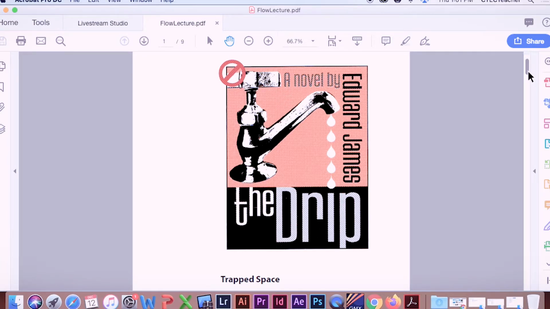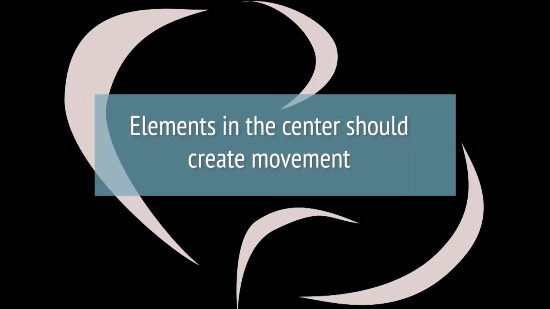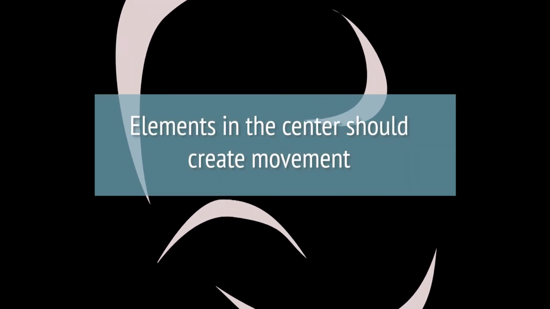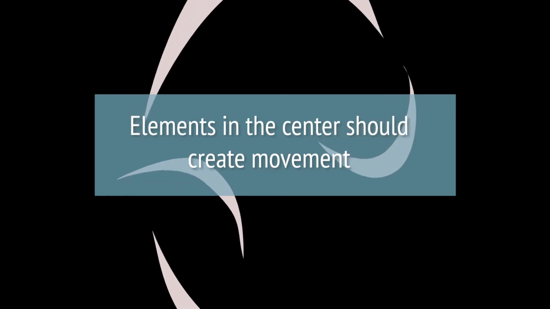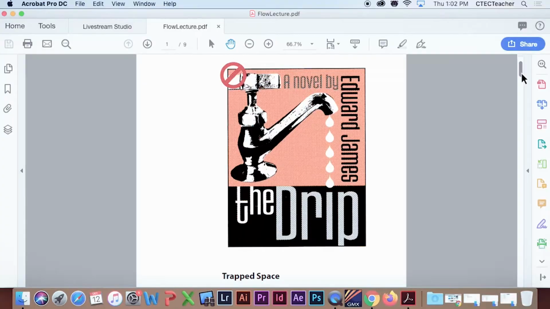Movement, to keep the viewer's eye moving all around every part of the composition. That's going to create good flow and really engage the viewer to spend the most time possible looking at every part of the composition. So elements that create movement, lines, right? Lines that pull the viewer's eye in a certain direction, away from the center to the focal point and back around again.